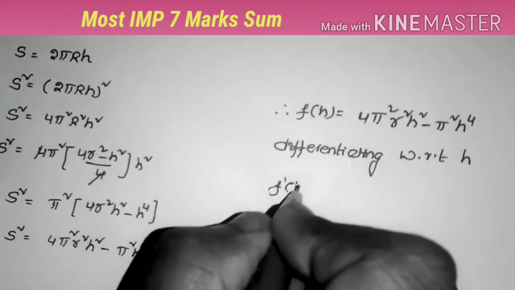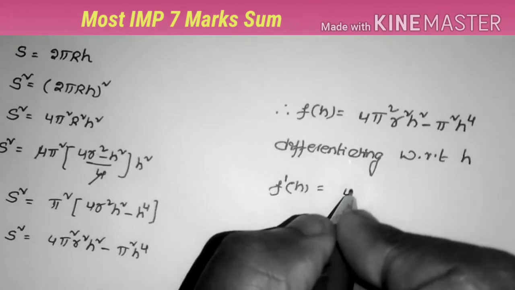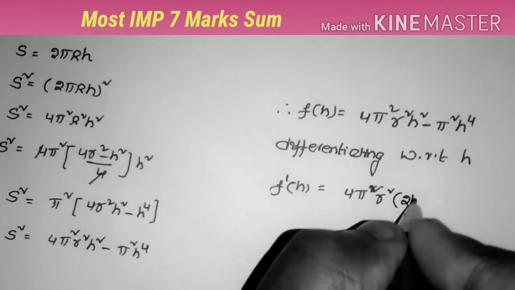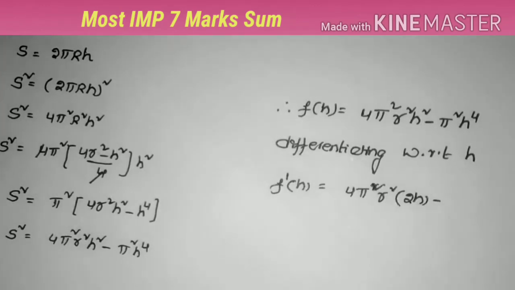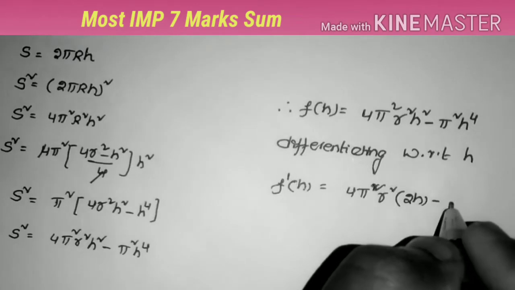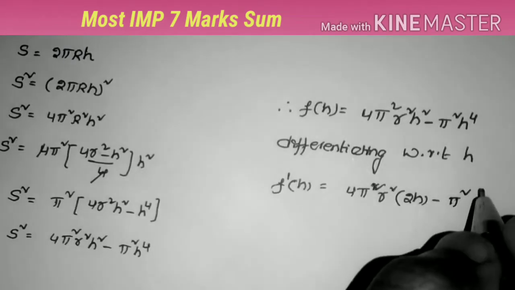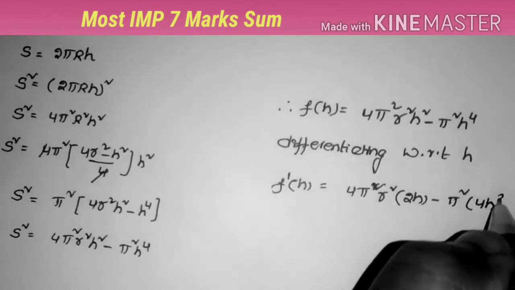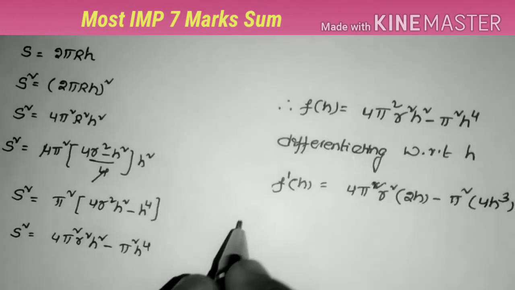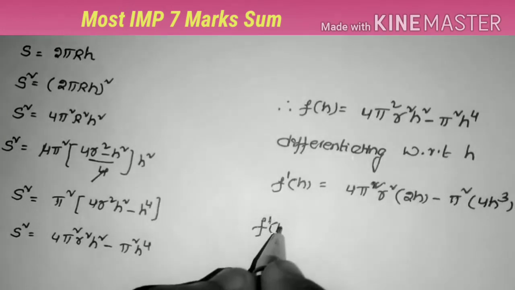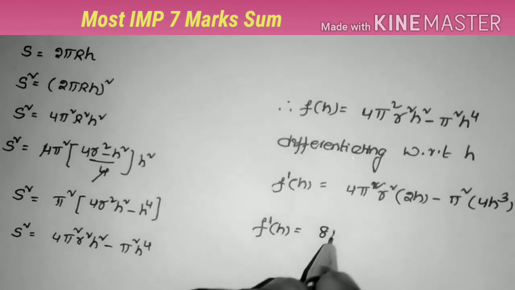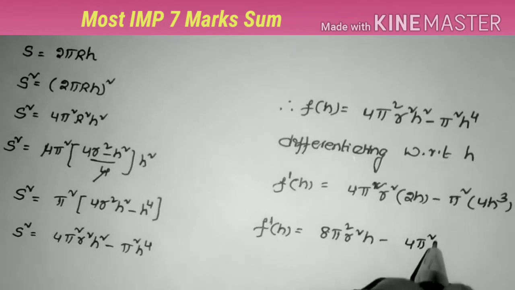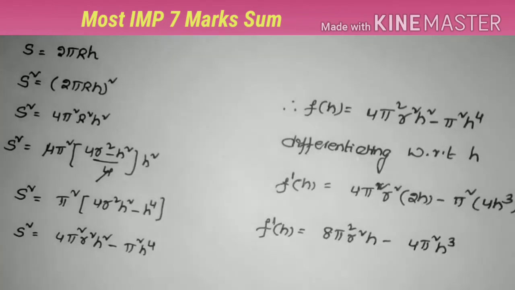That is f dash of h is equal to 4 pi square r square h square derivative, n into x power n minus 1, 2 into h power 2 minus 1, that is 2h, minus pi square into h power 4 derivative, n into x power n minus 1, 4 into h power 4 minus 1, that is 4h cube. That is f dash of h is equal to 8 pi square r square h minus 4 pi square h cube. So this is the value of f dash of h.